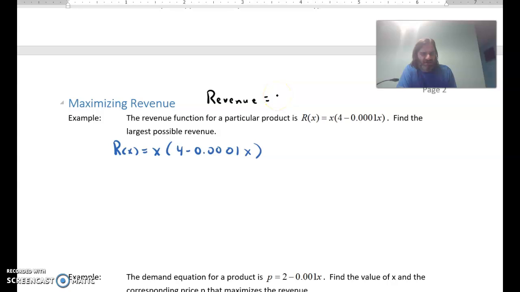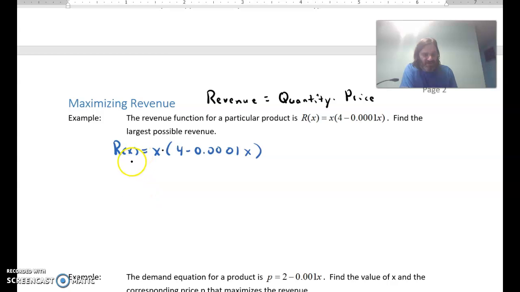In this case, it's probably written as quantity times price, because if you dissect this, you would think of X as the number of things you sell, and the other part being the price. I'm not sure. We really don't know what this function is doing.